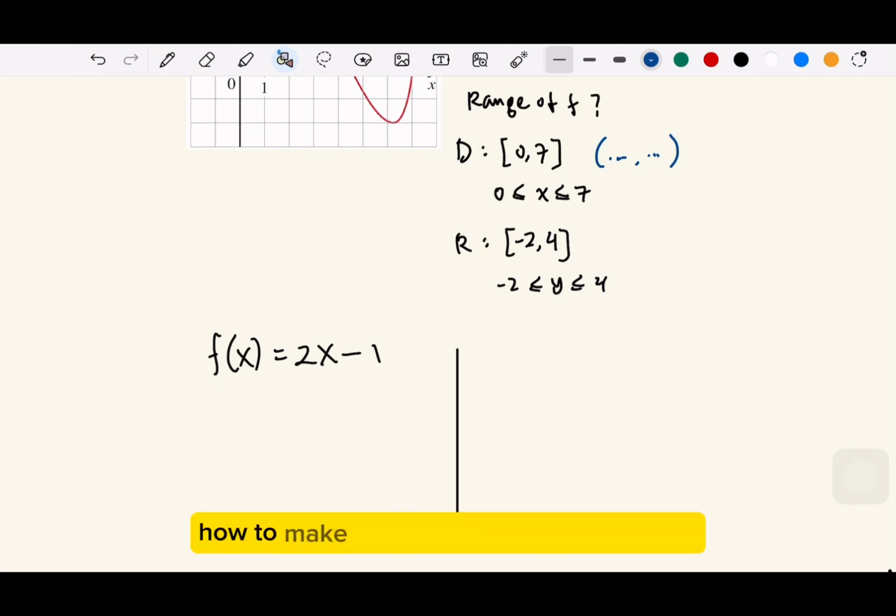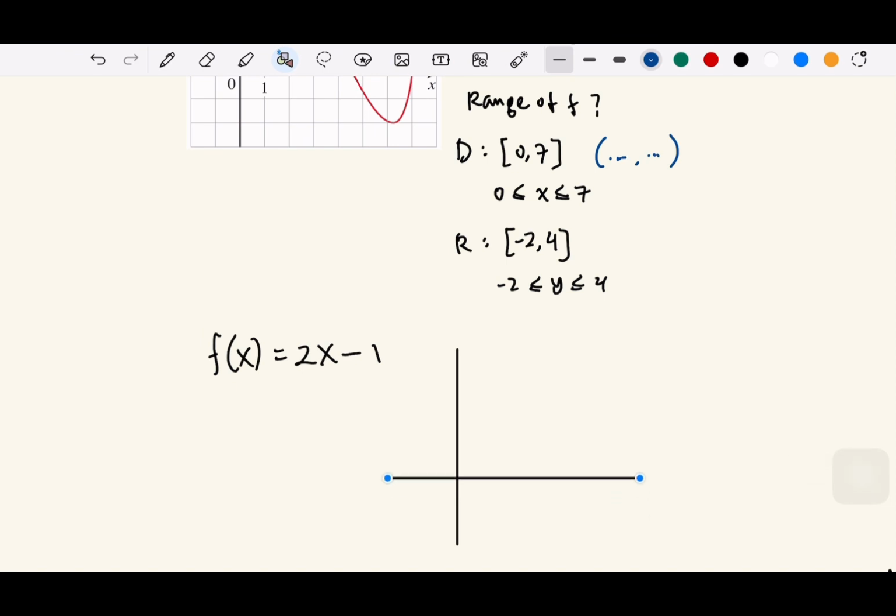How to make the curve from the linear equation? What do you need to do first? Plug in the x. Okay, good. And then maybe you can try from 0, 1, 2, 3, 4, and then you get the f of x. That's also good.